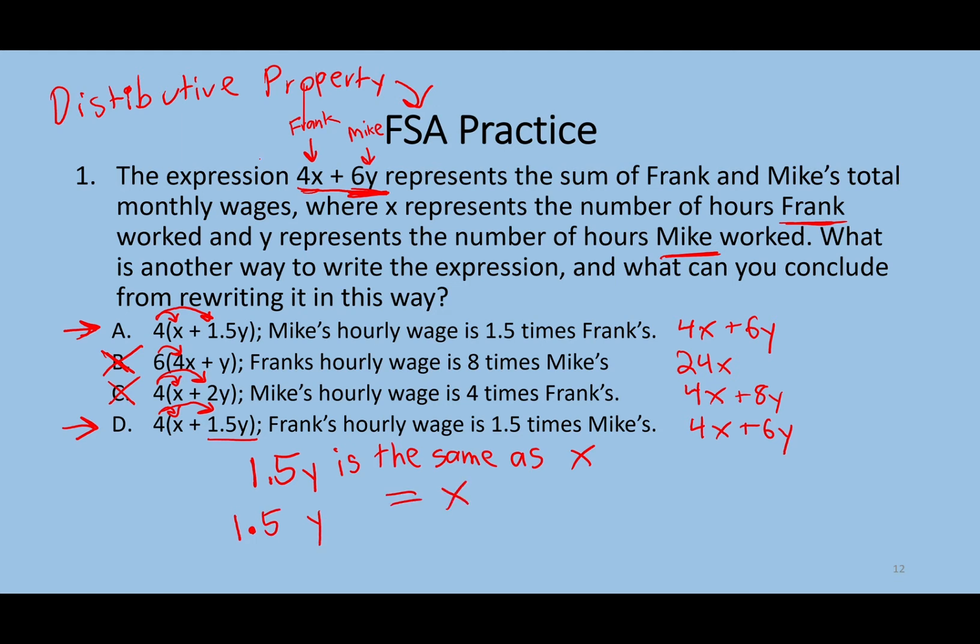Well, if you remember, up here, we wrote down what Frank and Mike are represented by x and y. So y is actually Mike, and x is Frank. So what they're telling us is 1.5 times Mike equals Frank. So Mike's hourly wage is 1.5 times Frank's, or Frank's hourly wage is 1.5 times Mike's.